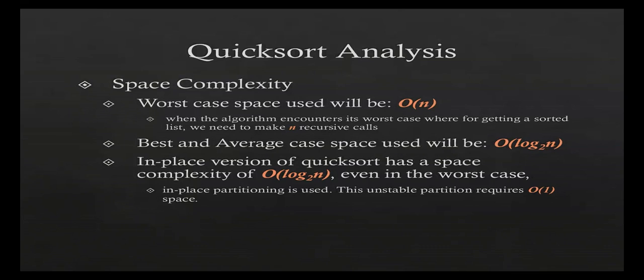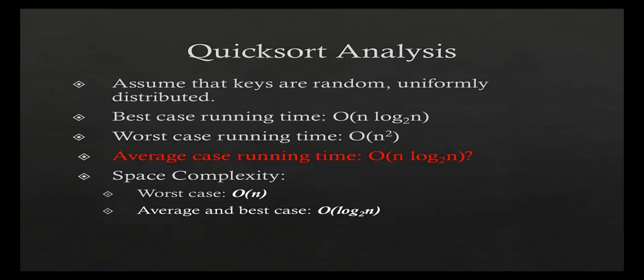And in the best case or the average case, the space complexity should be order of log n, because we know that quicksort is always the in-place version, right? So we can summarize the space complexity: worst case order of n, and average case and best case order of log n.